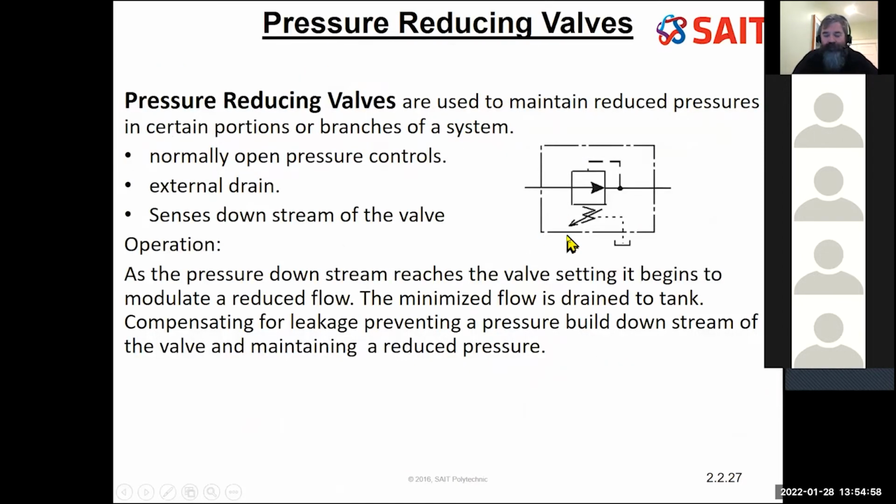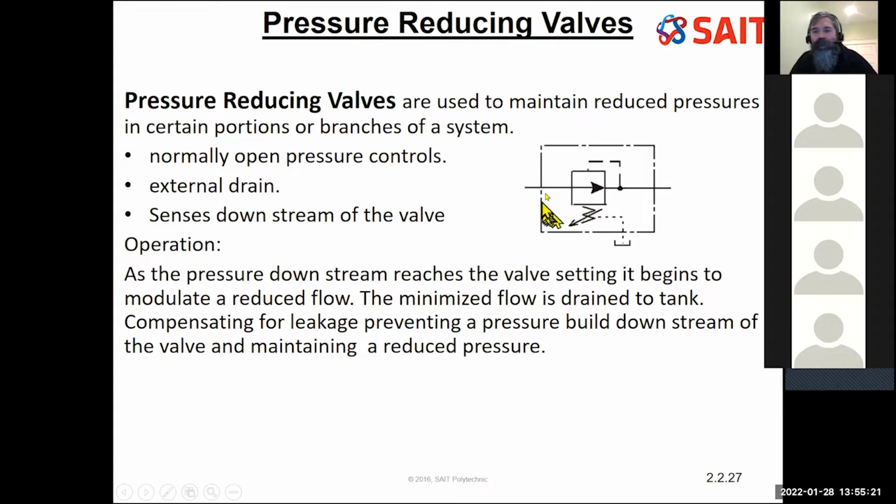Pressure reducing valves, next one. I'm going to come back to other unloading circuits later on where we'll use this. Pressure reducing valve, okay? So the idea here is to maintain a maximum pressure in a system. The operation is very, very similar, except if I look at my drawing, the pressure line is downstream. It's not upstream.